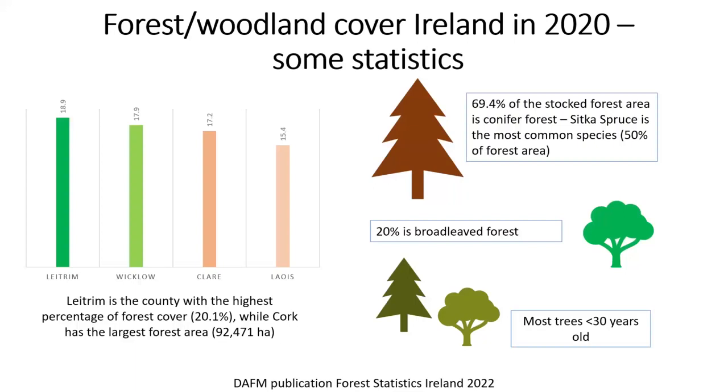Nearly 70% of the forest area in Ireland is conifer forest, with Sitka spruce taking up 50% of that area. Less than 20% is broadleaf forest, and most trees are less than 30 years old. It really gives you an insight into the amount of stocked conifer forest plantation that we have. Leitrim has the highest percentage of forest cover, and Cork has the highest forest area.